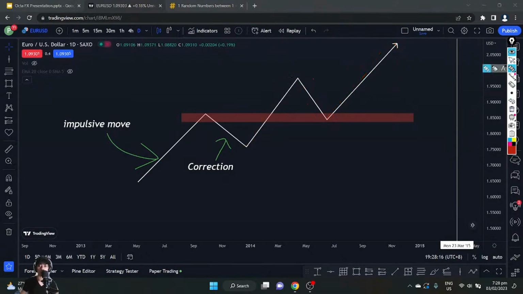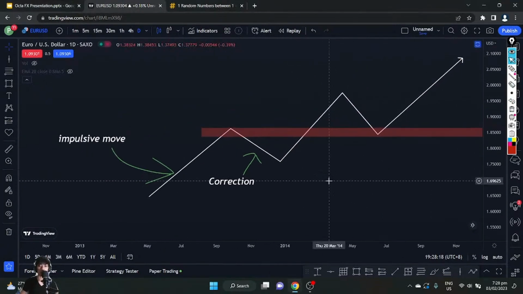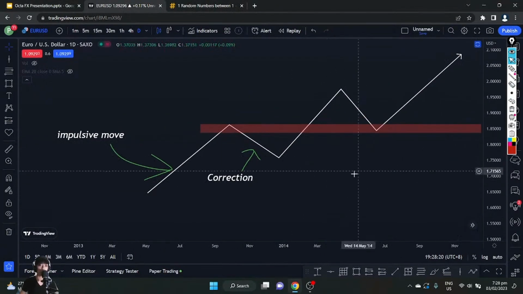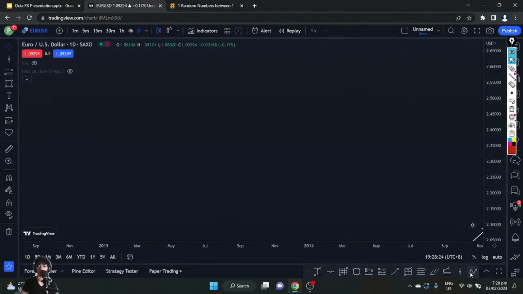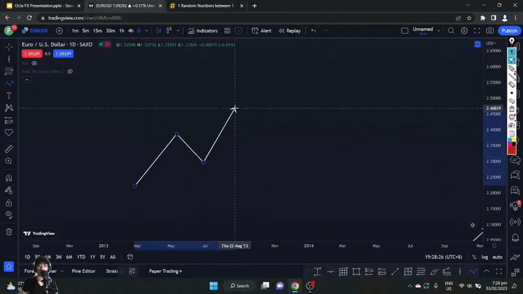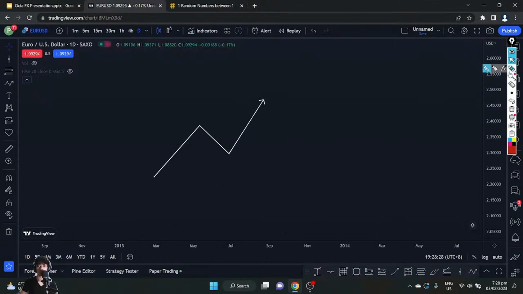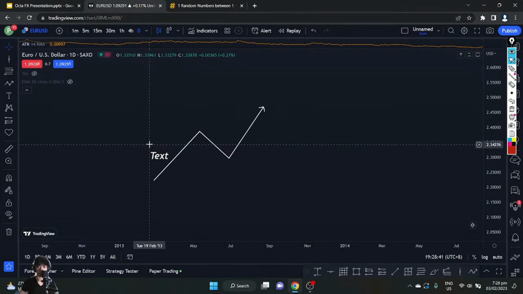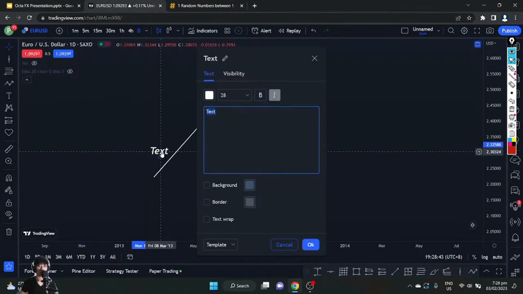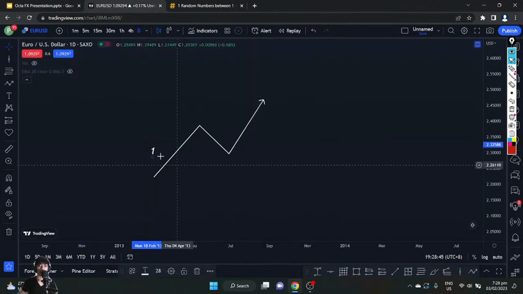To make this simpler, we can call this a 1, 2, 3 pattern. Let me show you what I mean. If the price is making a move like this, we can call it a 1, 2, 3 pattern. Remember that. The first impulsive move that we have is our 1.